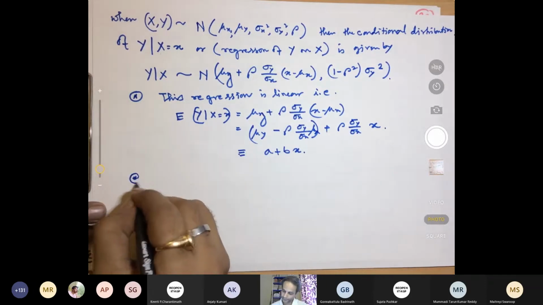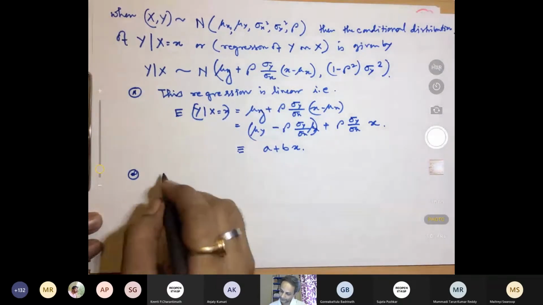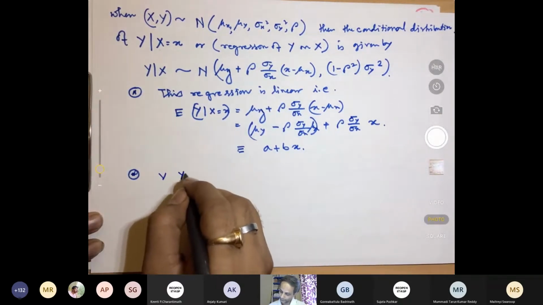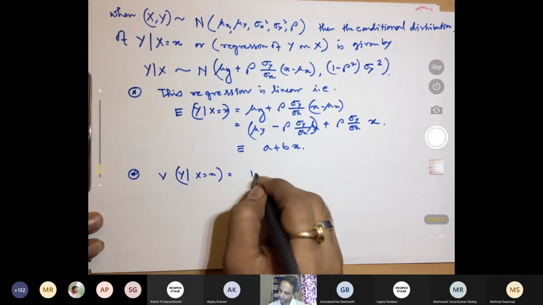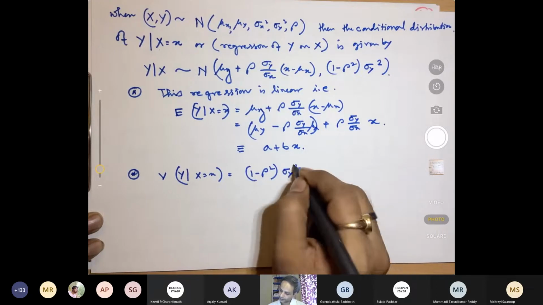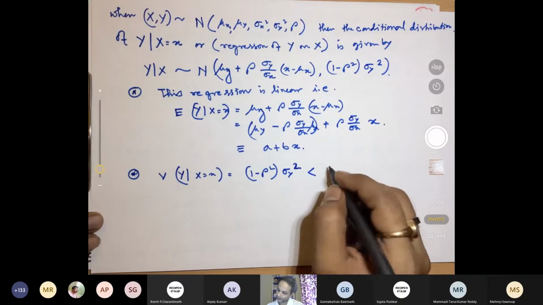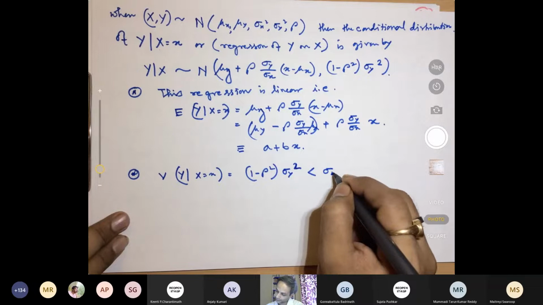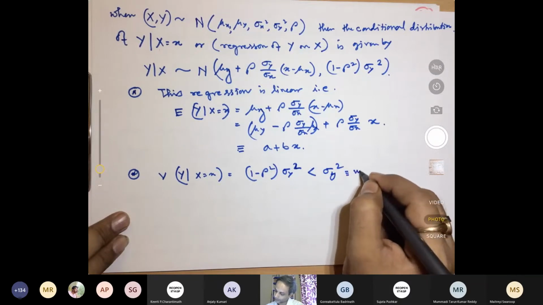And the second property that you can immediately get from here is that the conditional variance, the variance of y given x equals small x, equals 1 minus rho square times sigma y square, which is definitely less than the unconditional variance sigma y square.